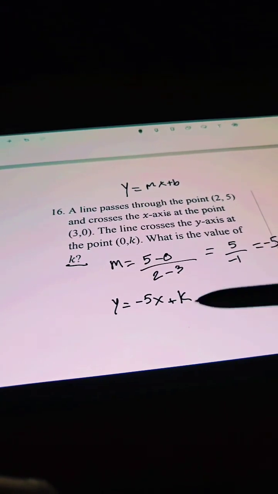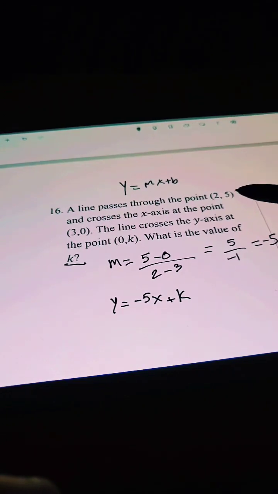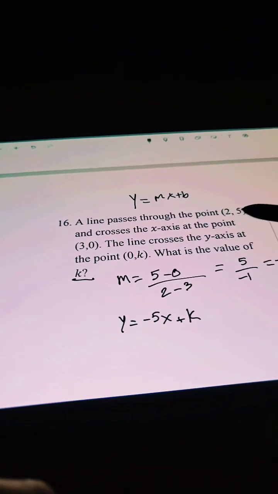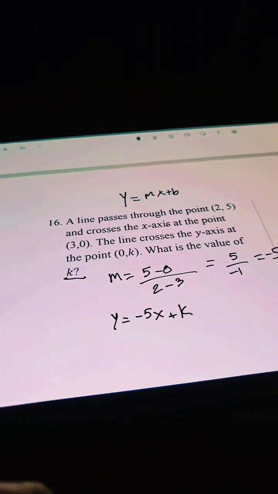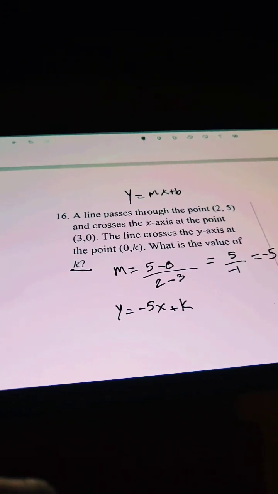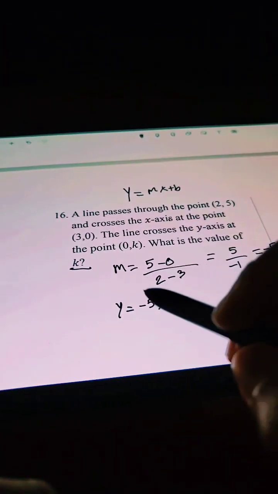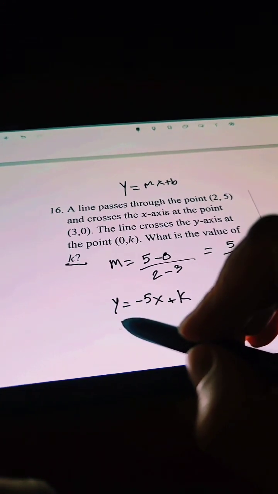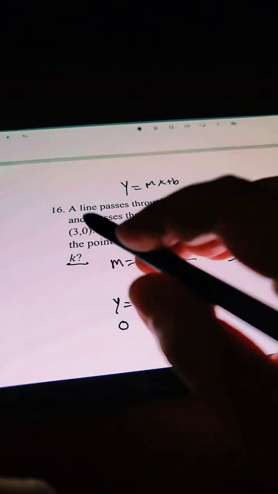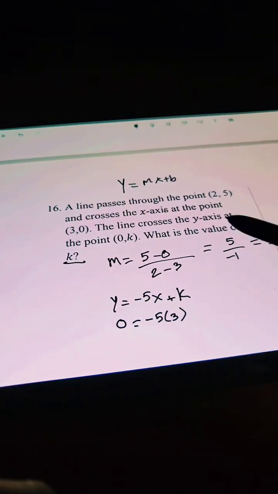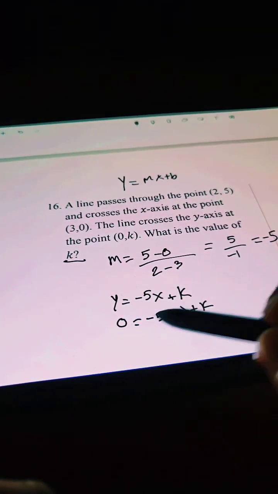And then I'm trying to solve for what k is, so all I have to do is plug in either one of these points. I could do the 2, 5 or the 3, 0 to plug those in for x and y. I just have to pick one of them, doesn't matter which one, and then I just solve for k. So I'm going to pick the 3, 0 one. So my y is 0, and then my x is 3, and then I just have to copy over the plus k.